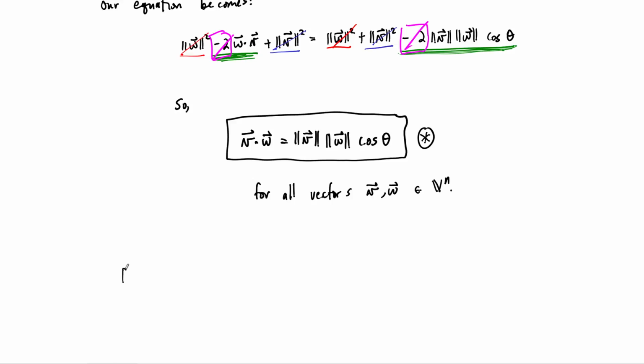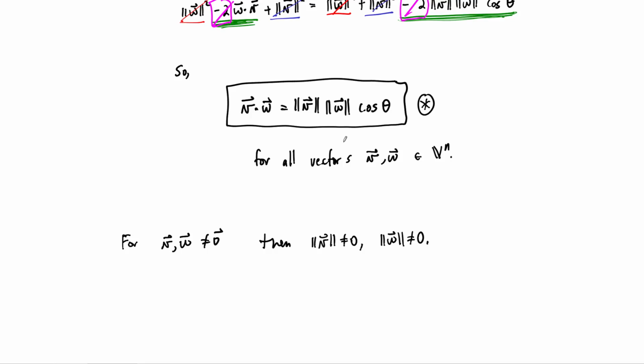All right, so for V and W, both non-zero vectors, this means in particular that their lengths are not 0. So the length of V is not 0, and the length of W is not 0. That's important because our first step is going to be to divide through by each of these numbers, right?